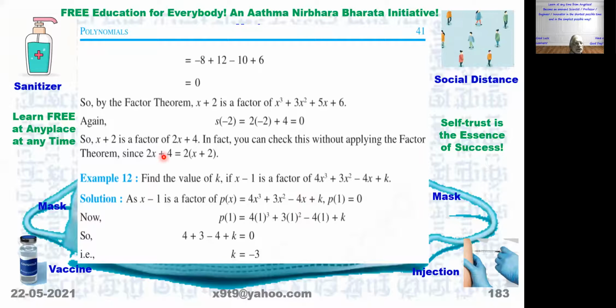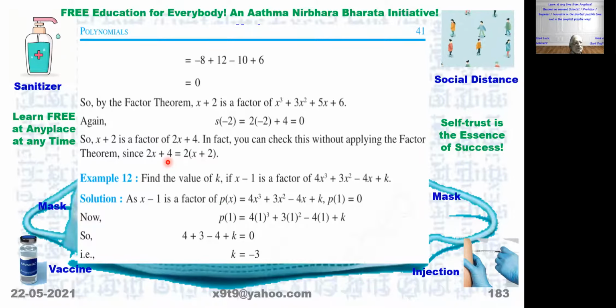Here we can see this 2x plus 4, we can take 2 as a common factor and write it as 2 into x plus 2, which indicates that since we have already found x plus 2 as a factor of the given polynomial, 2 into x plus 2 is also a factor. That means 2x plus 4 is also a factor.